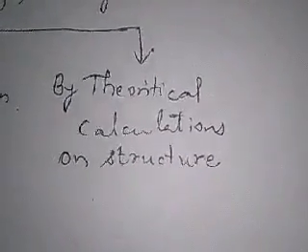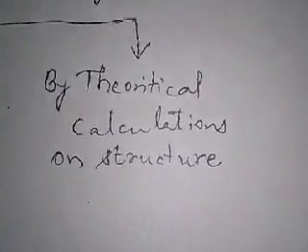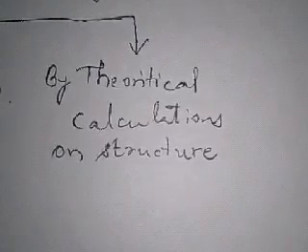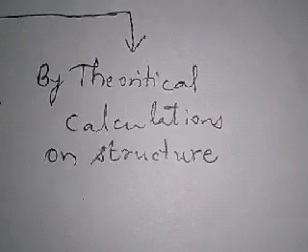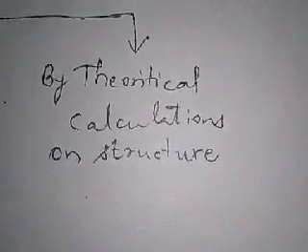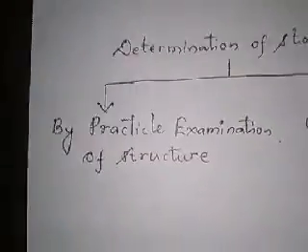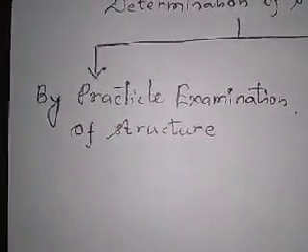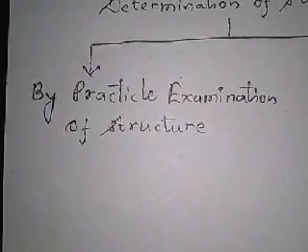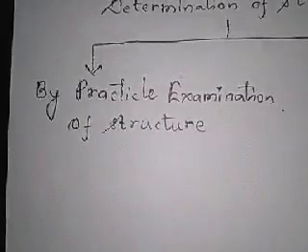Those kinds of calculations I'll teach you in my next video, when I'll be discussing the static indeterminacy of the structure. So in this video, I'm going to elaborate and conduct some experiments in my mini lab of structural engineering.